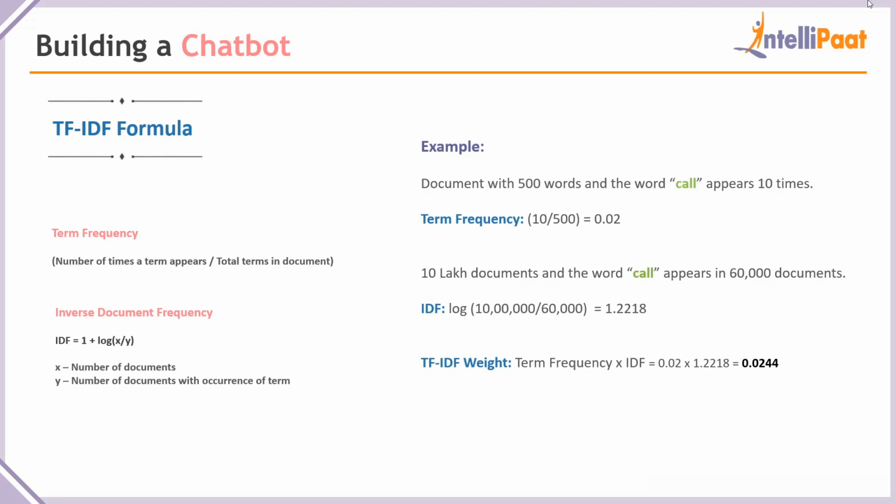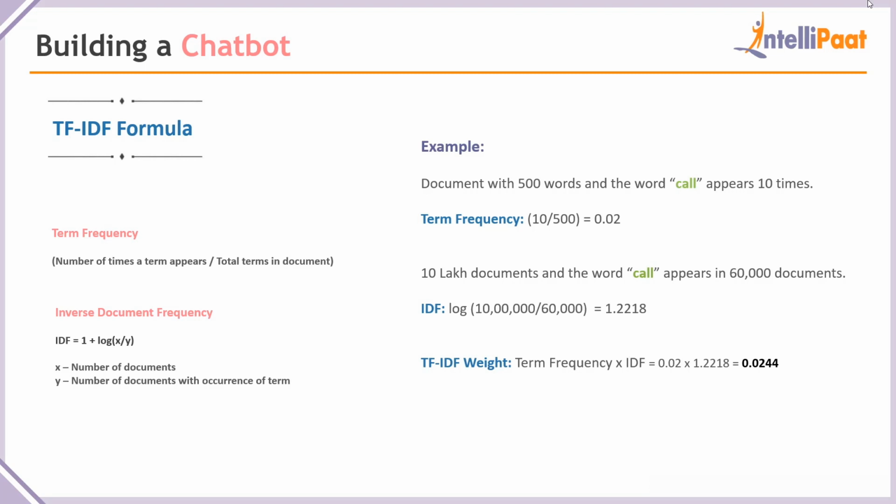So IDF in this case becomes 10 lakh divided by 60,000, which gives us a value of 1.22. Now if you have to give context to your machine, if you have to tell your machine, hey, this is the word, this is the context, this is how many times it occurs, there's something called the TF-IDF weight, and this weight is basically the product of term frequency and inverse document frequency.